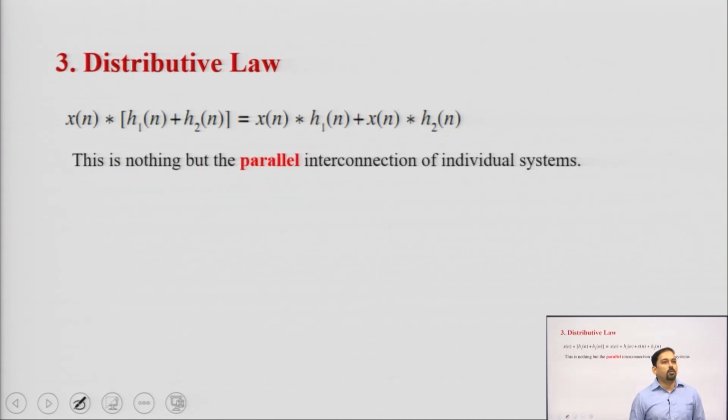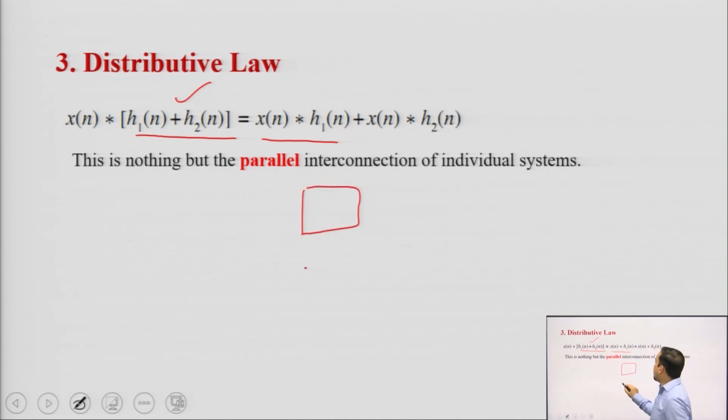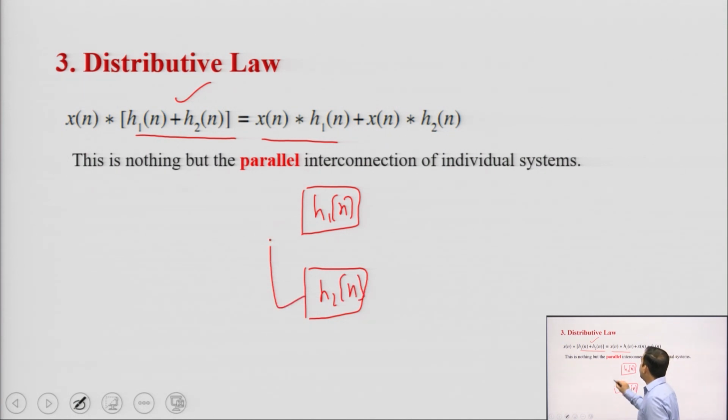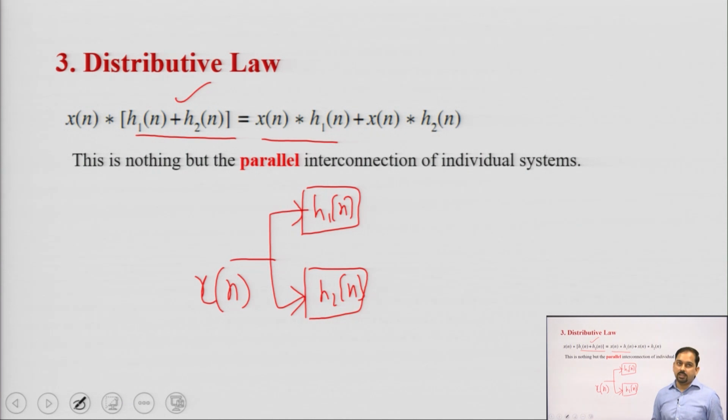Next is the distributive law. If we have h1 of n plus h2 of n, and the whole term is convolved with x of n, it can be represented as x of n convolution with h1 of n plus x of n convolution with h2 of n, meaning we can break this. This is treated as a parallel system having impulse responses h1 of n and h2 of n, both having the input x of n.